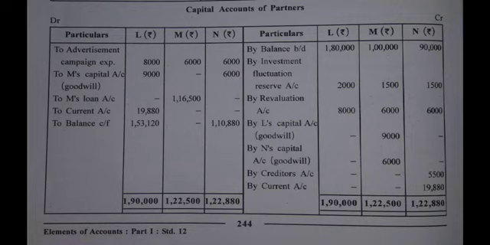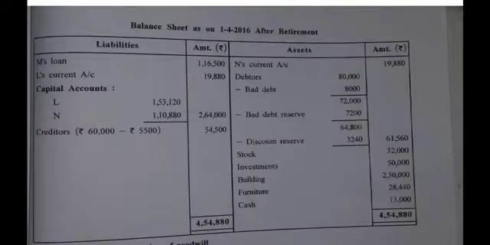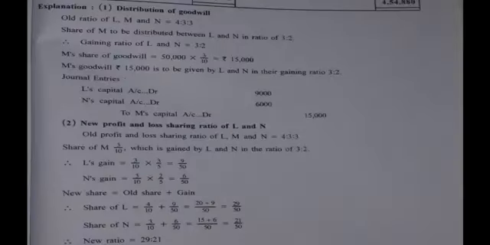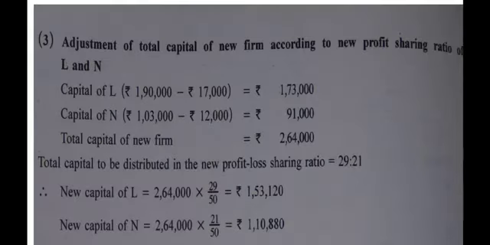That is the reason we have not prepared current account here. Finally, we have a new balance sheet, and thereafter the necessary working notes, of course. Yes? So this is your sum, and let us start.